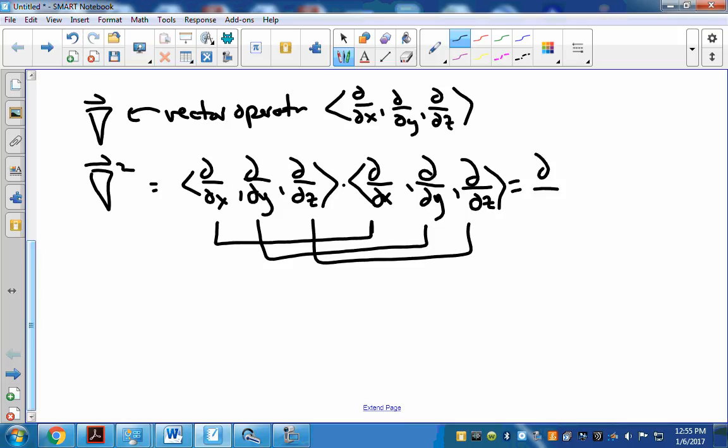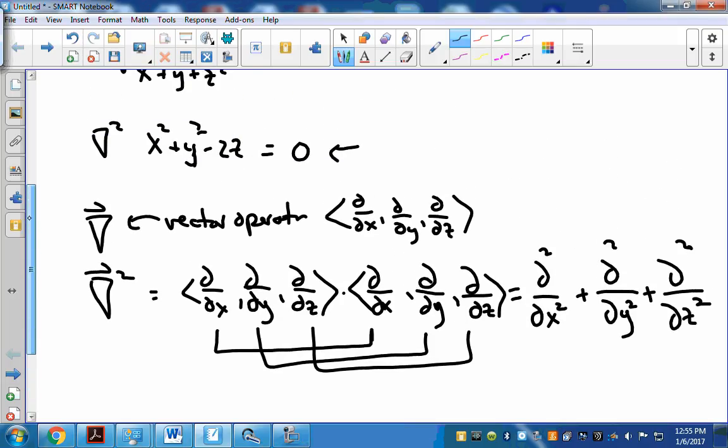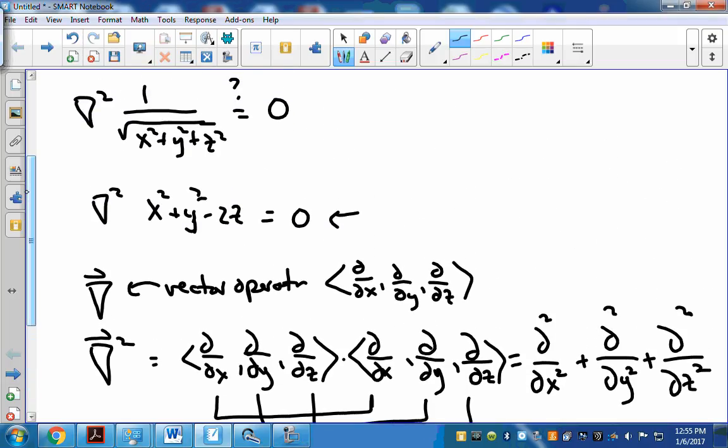It's like partial with respect to x times the partial with respect to x is the second partial with respect to x. And then partial with respect to y times partial with respect to y is the second partial with respect to y. We're adding them all up. Okay, so that's sort of what we're doing. What we need to do in our case is to show that those 3 seconds add up to 0, right?